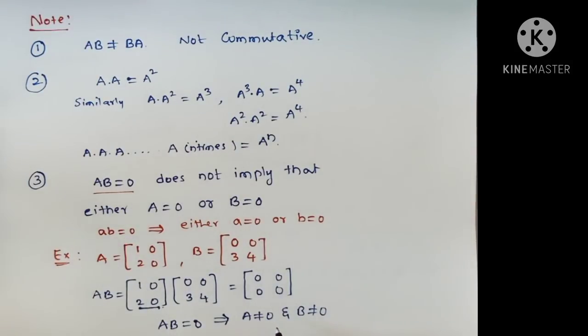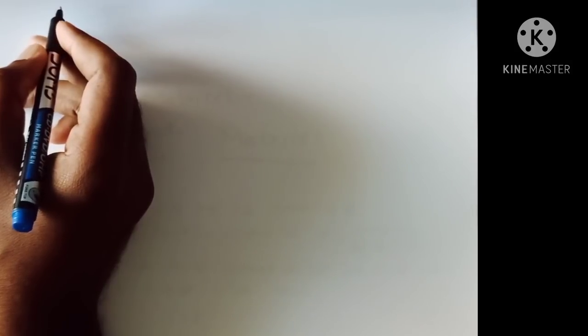AB is 0, but A is not equal to 0 and B is not equal to 0.